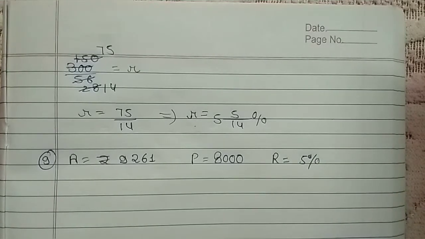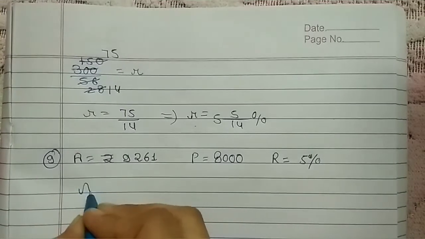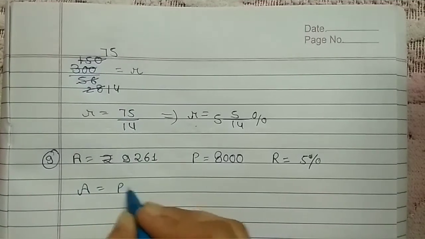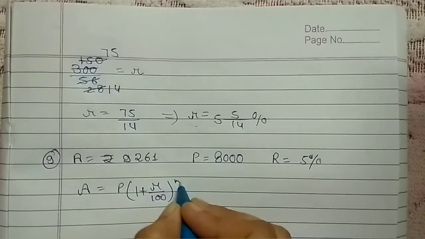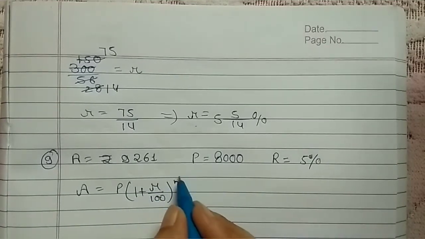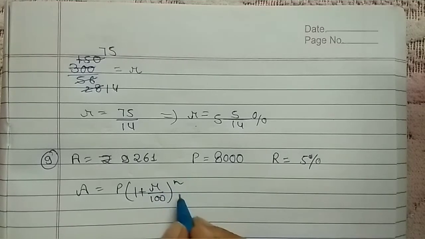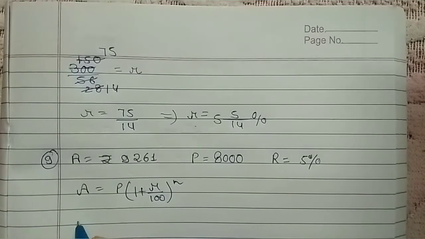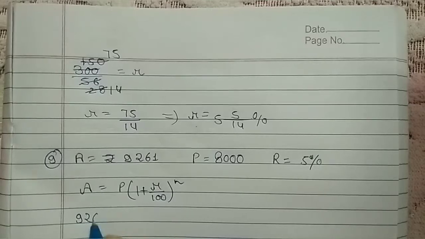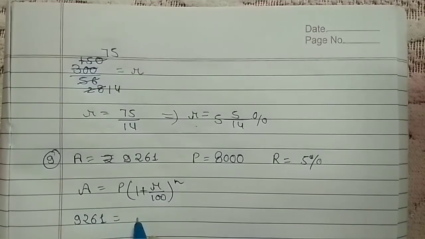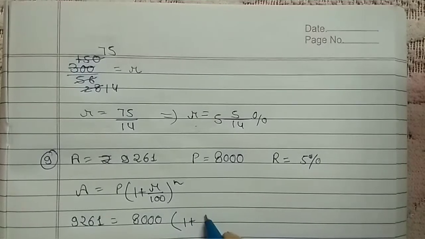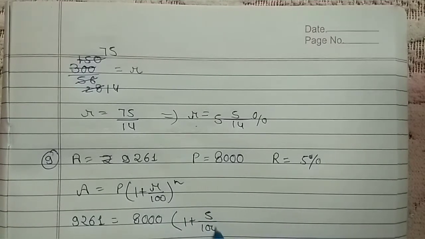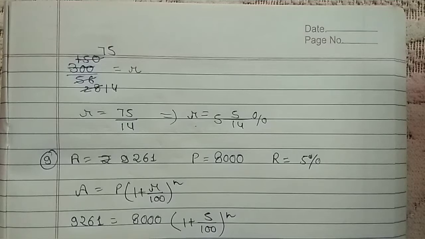For finding time also we will use the formula of A. A equal to P (1 plus R upon 100)^N. Here we have to find this N. We have to find time. A is 9,261 equal to P is 8,000 (1 plus R is 5 upon 100)^N.